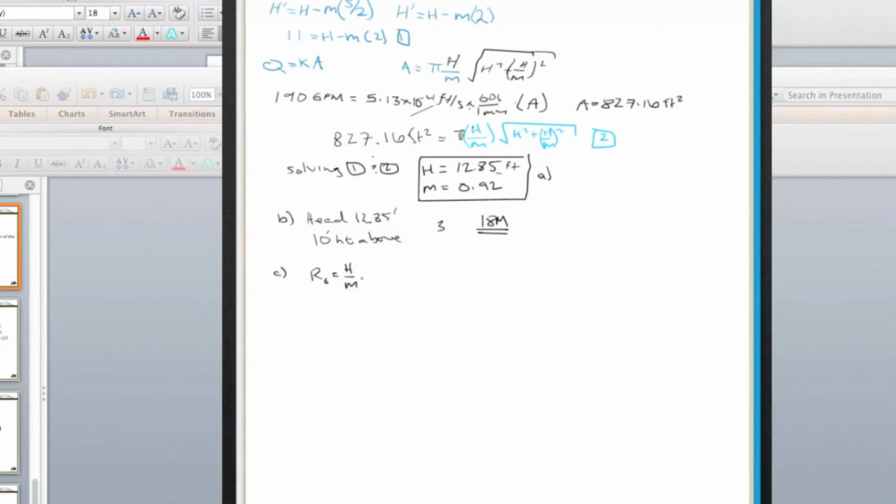Using what we know about those, that's 13.97 feet. And then using the equation for L prime equal to the square root of h squared plus h over m squared, that equals 18.98 feet.